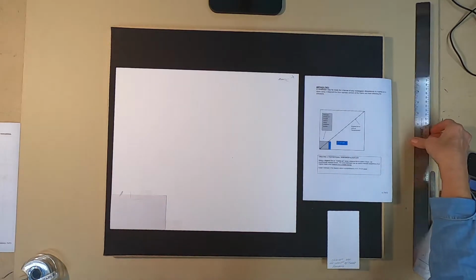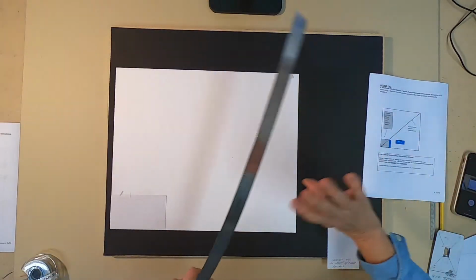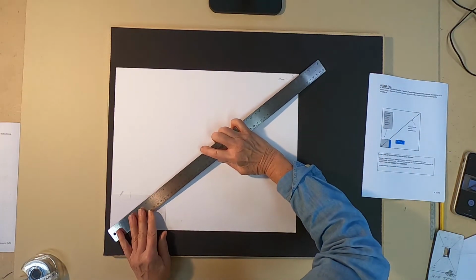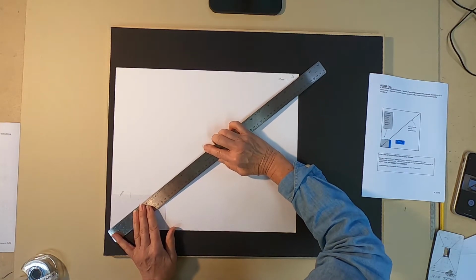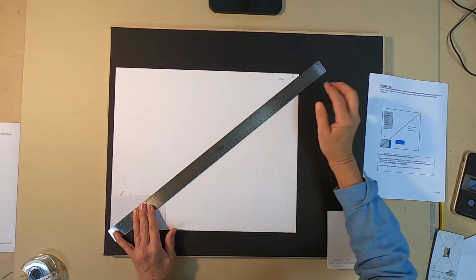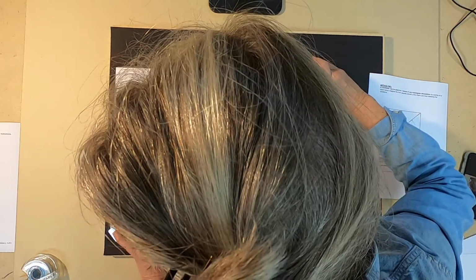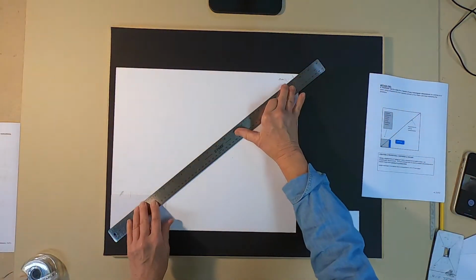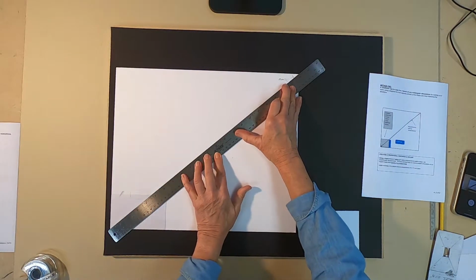I'm going to take now a 24-inch ruler, and I'm going to place the 0 point of the ruler, which may or may not be the end of the ruler, that little mark right on the lower corner of the paper, and run it up to the upper. I'm starting at the lower left, I'm running it up to the upper right of the paper to give me a diagonal.